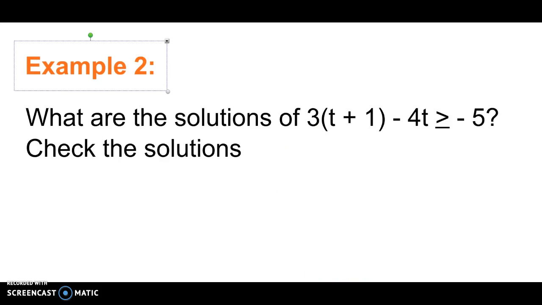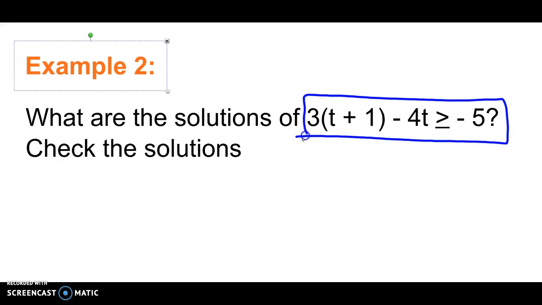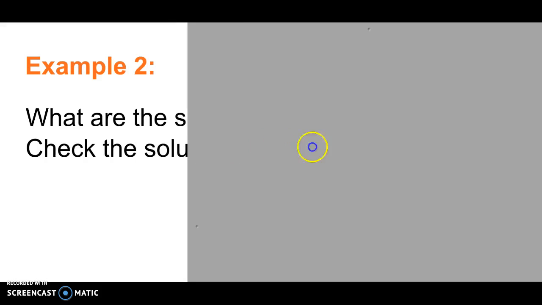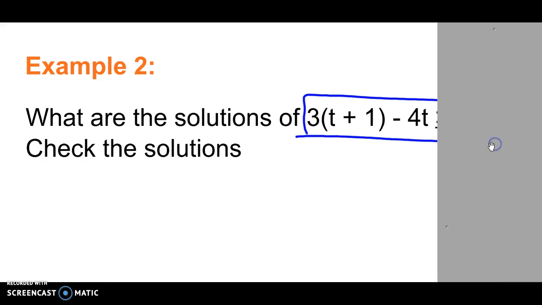Example 2. What are the solutions of this inequality? Well, don't get all worked up because it's kind of ugly. Take it one side at a time. If it bothers you, you can just look at one side here. Since I have parentheses, I'm going to distribute first. So distribute that 3 to everything in parentheses.